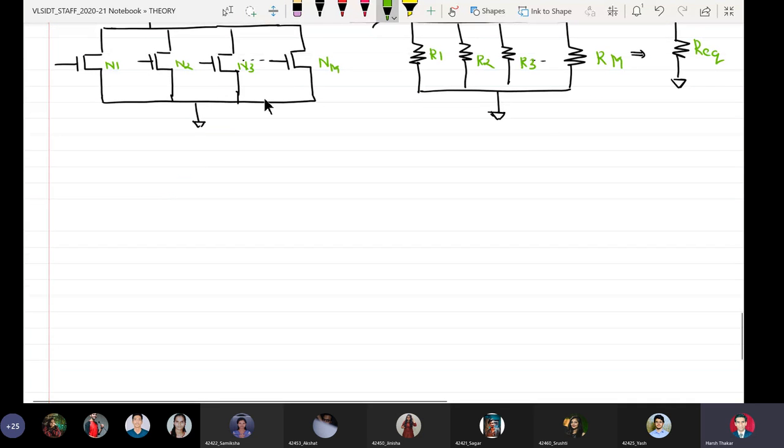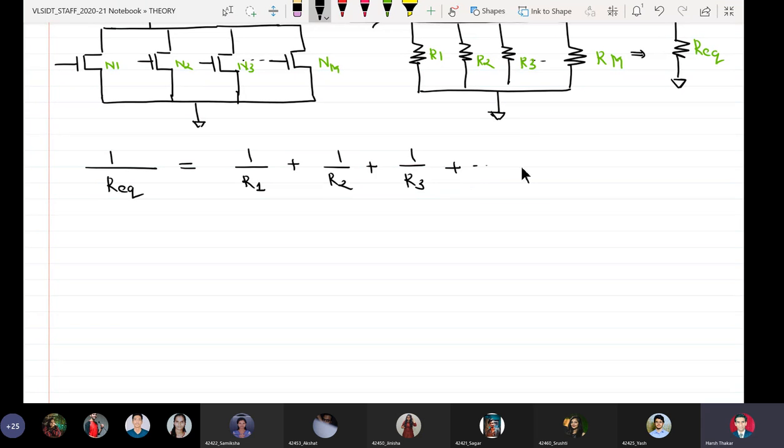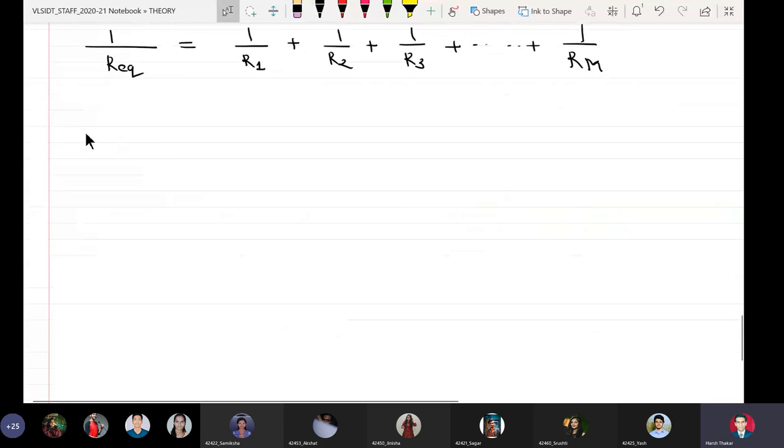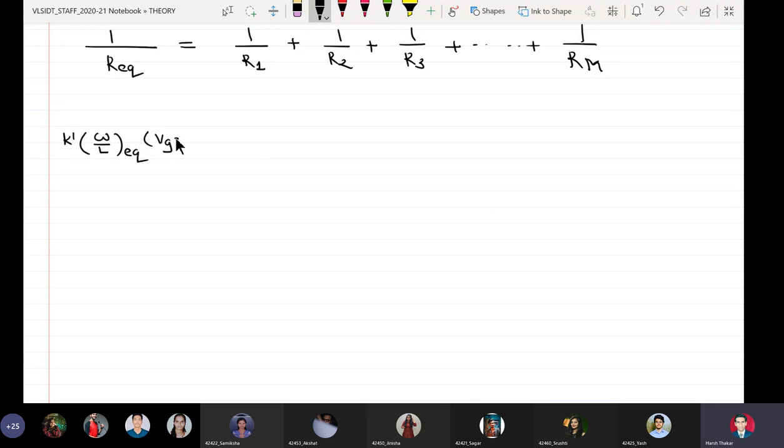So from network theory, we know that 1 upon R equivalent is equal to 1 upon R1 plus 1 upon R2 plus 1 upon R3 plus 1 upon Rm, and using equation number 2 we can write it as K dash W by L equivalent into VGS minus VT is equal to K dash into W1 by L1 into VGS minus VT plus K dash and so on.